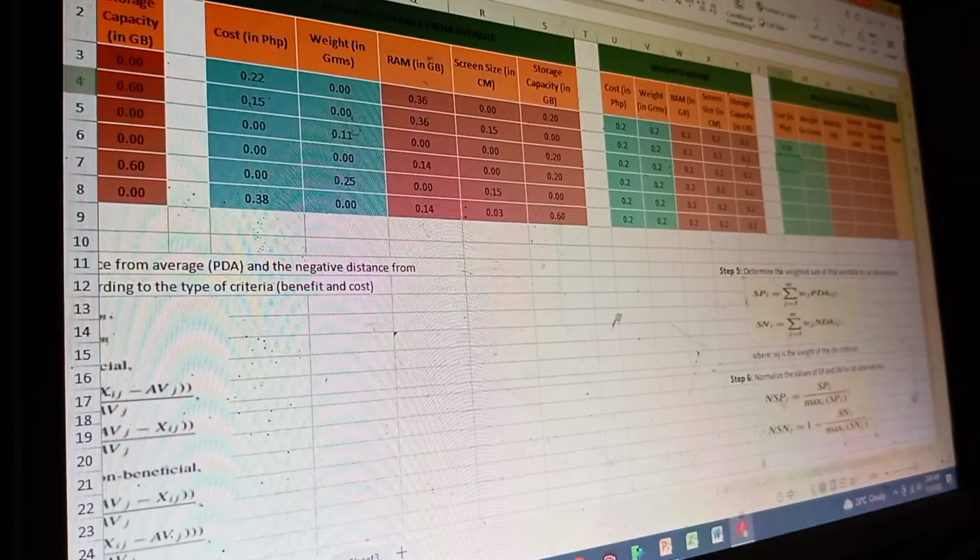It's a weighted matrix. So, sorry, until here only. Then drag down.